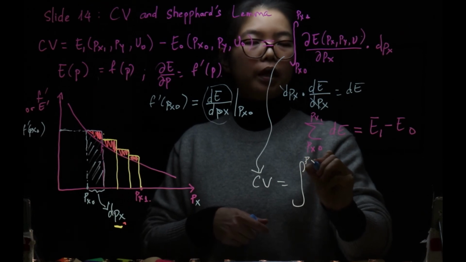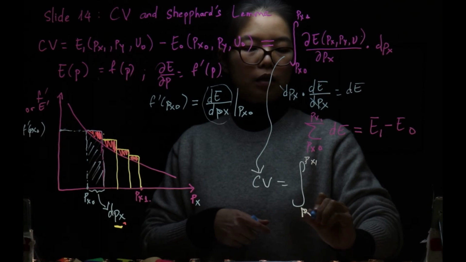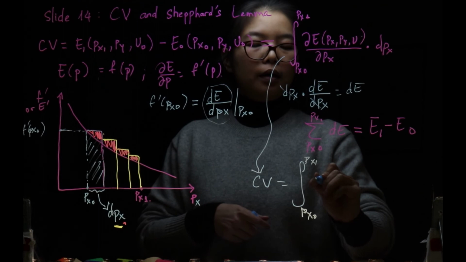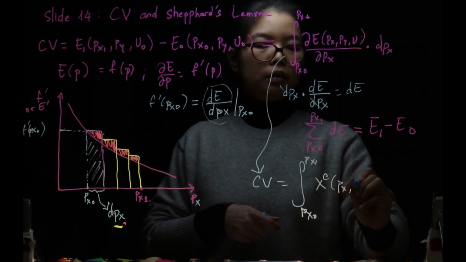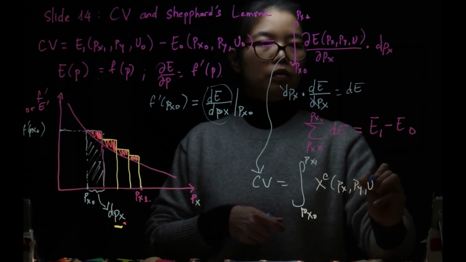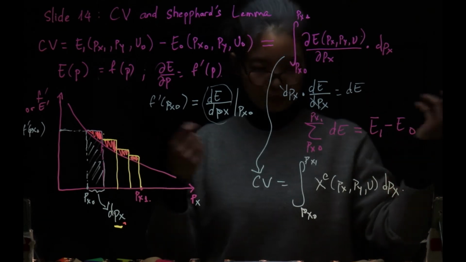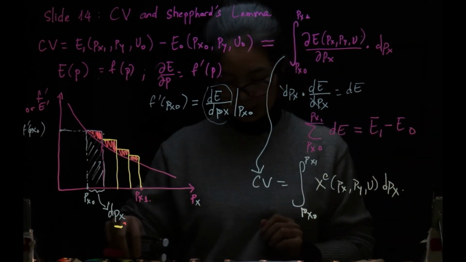So from px0 to px1, sorry, I should have written it over here, the compensated demand with respect to dpx. And this is what's written on your 14th slide.